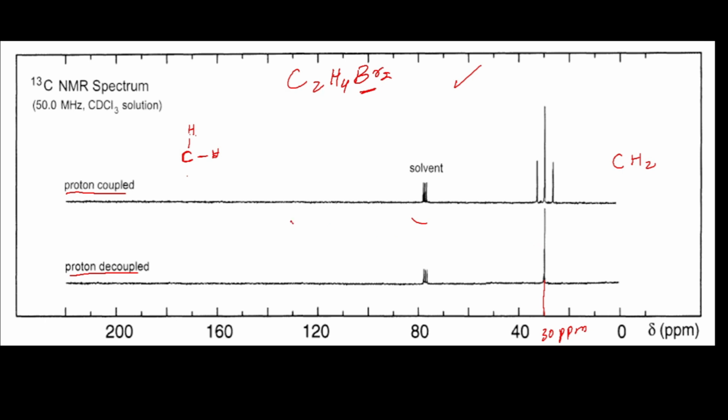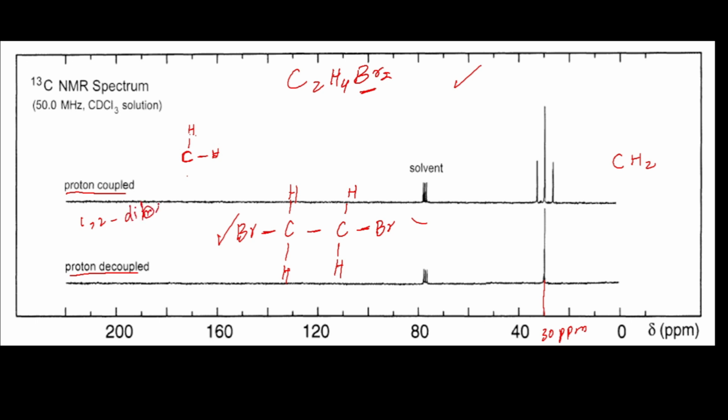The same environment is only possible if one bromine atom is attached here and one bromine atom is attached here. As you know that each carbon atom is directly attached to two protons, so here one carbon has two protons, and here it will also contain two protons. So this is your respective structure that you elucidate from the C13 NMR spectrum.